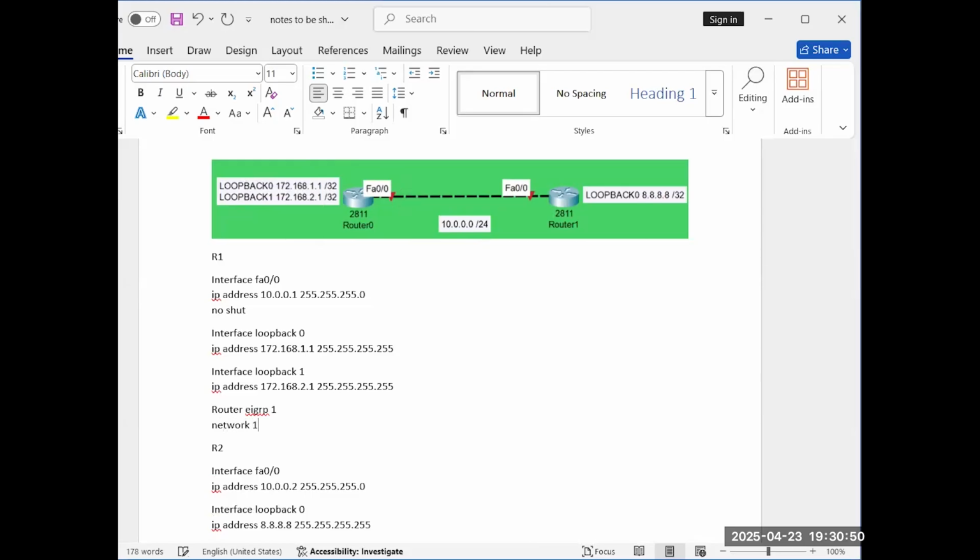So network 10.0.0.0, 0.0.0.255. Next, network 172.168.1.1, 0.0.0.0.